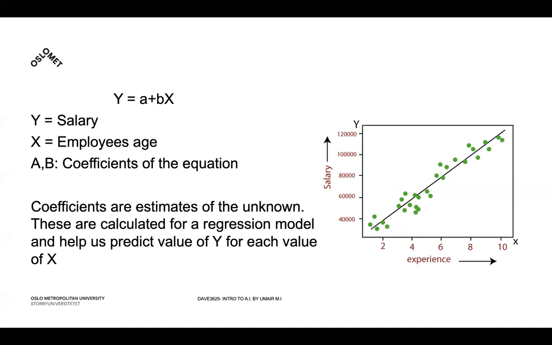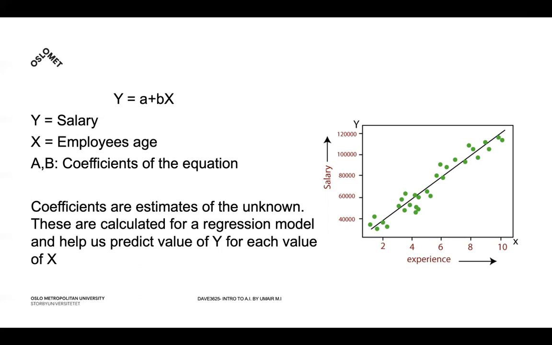Again, a bit more of a theory over here. For a linear regression, for this kind of equation, what you're trying to predict is a salary: y is the salary, and x is the employee's age. This is a very common use case where you want to predict how age is related with the amount of salary you will get.